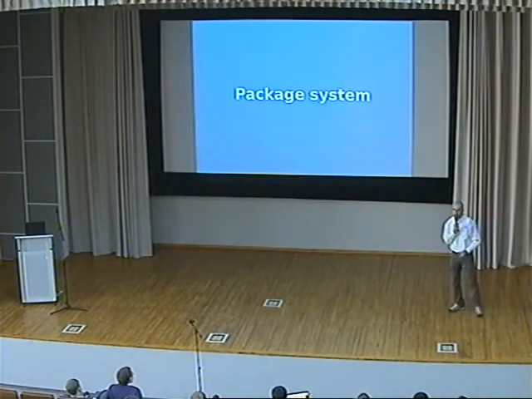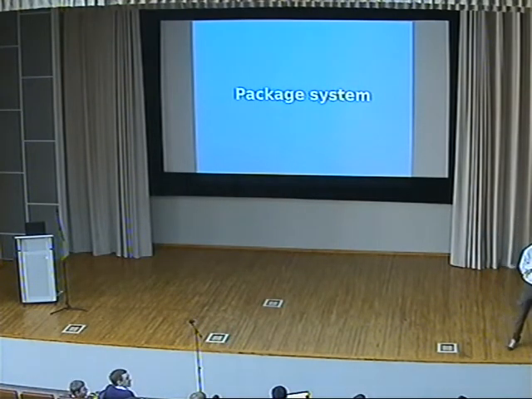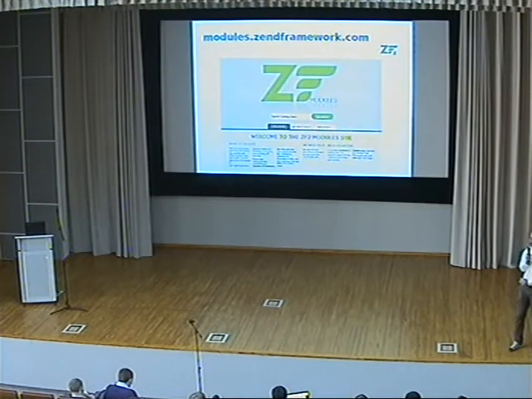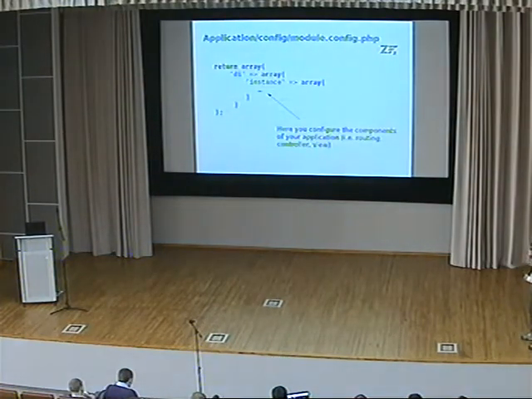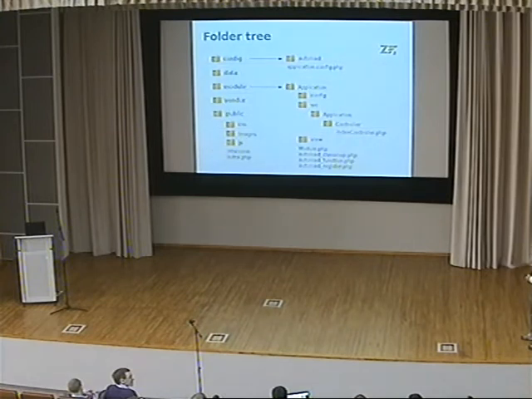Okay. Yes, sure. First question, maybe it is stupid, it is about module directory. Can you go back please to this directory? So, you mean application, application module, this one? Yep.